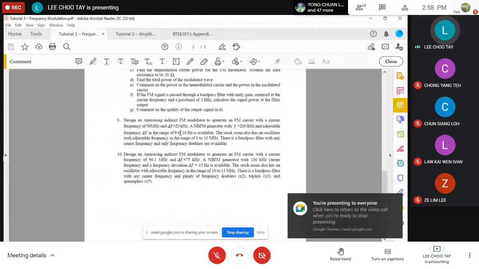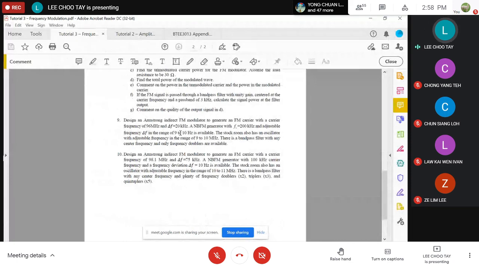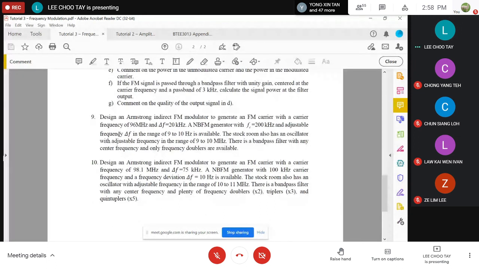If you look at your tutorial 3, the last 2 questions basically ask you to design the Armstrong indirect FM modulator. In this one, the final carrier frequency is 96 megahertz and the deviation is 20 kilohertz.